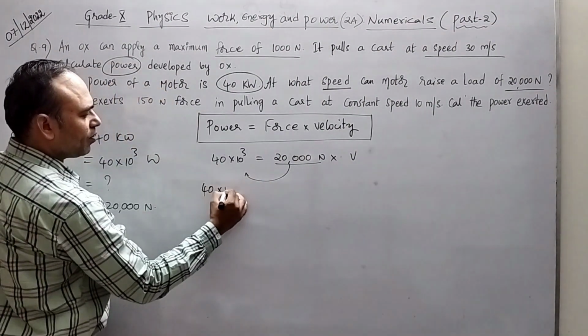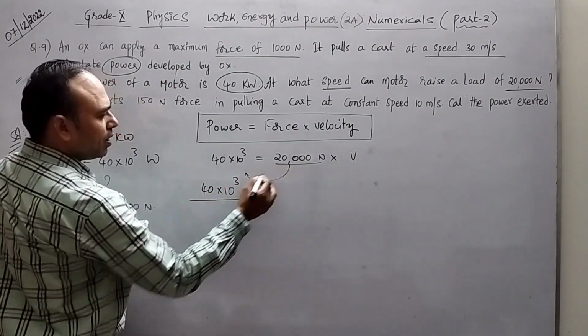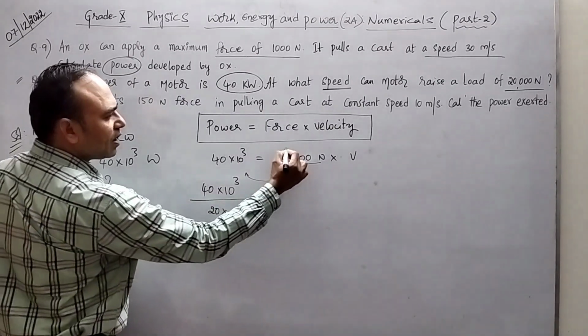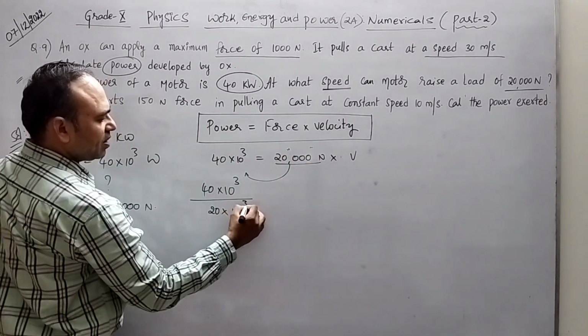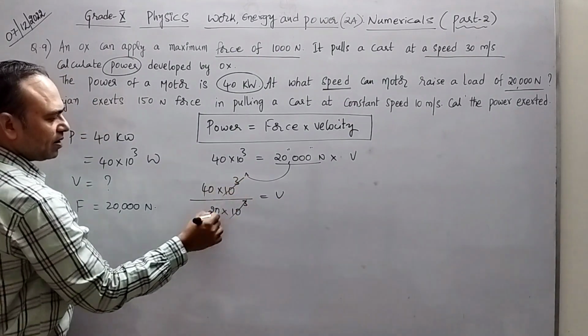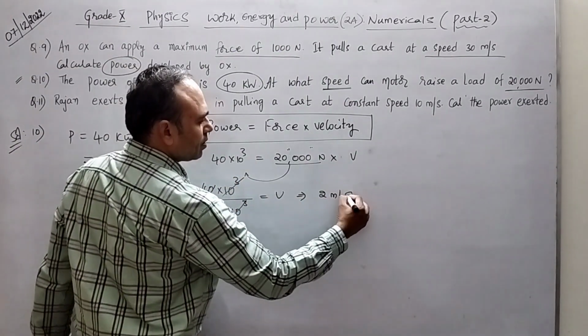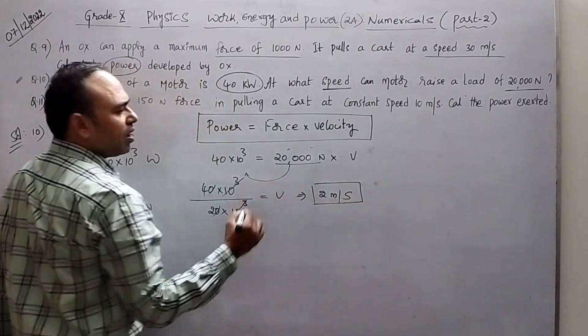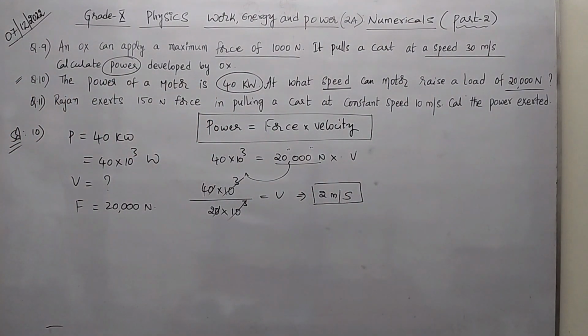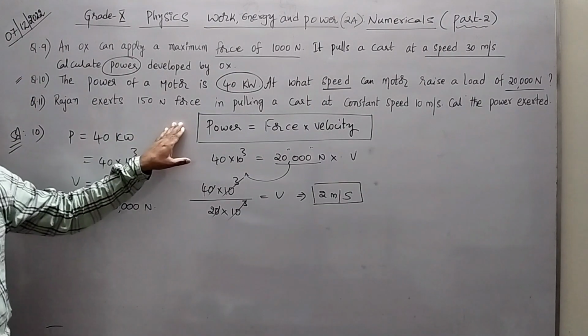We get 40 into 10 power 3 by 20 into 10 power 3, we know. So cancel this. Now we get 2 meter per second. A very simple solution. So I think you have understood question number 10 by applying the same formula.